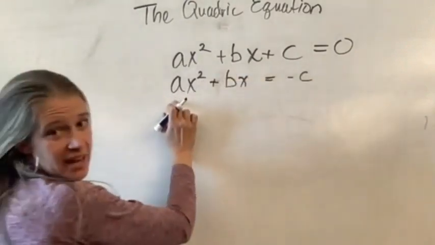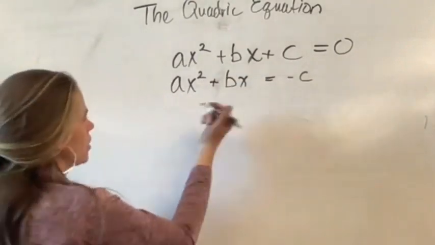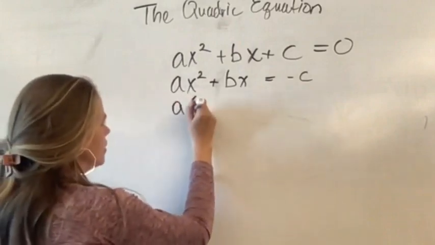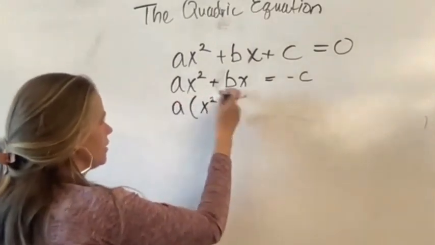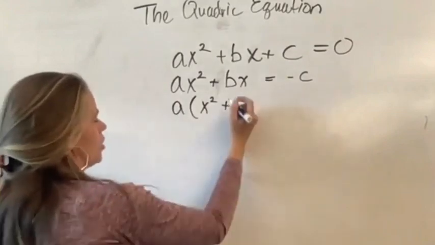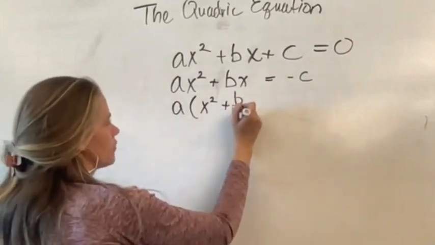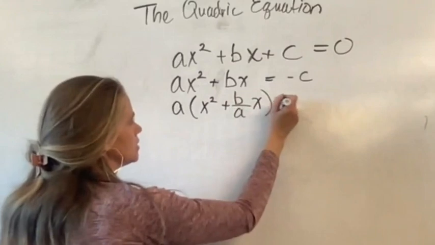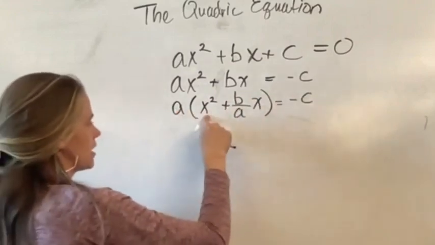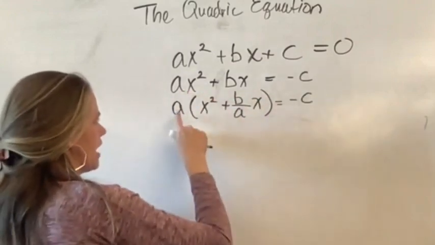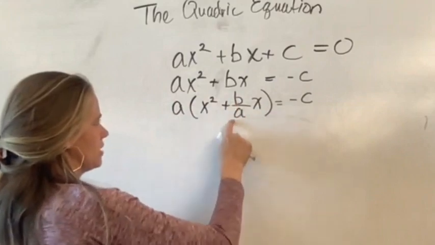Oh, I really don't like this a in front of the x squared, so I'm just going to factor the a out. I can't really factor an a out, but I'm going to do this. I'm going to write b over a x, because now a times x squared is ax squared, and ab over a is just b.